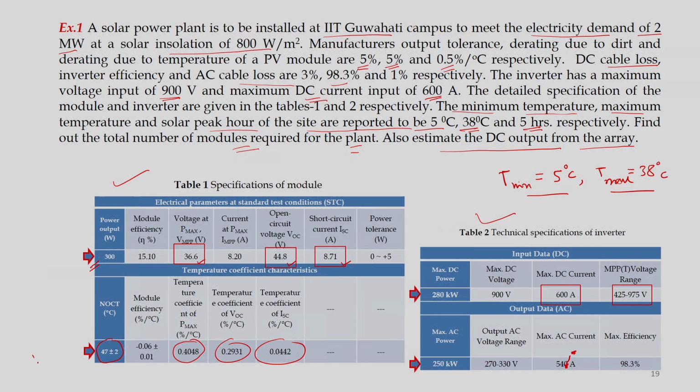So, in our case NOCT we will use 47 degrees Celsius. And in the inverter, as I said, the maximum DC power input to the inverter is 280 kilowatt, and the output is 250 kilowatt, and we will have DC maximum current of 600 and MPPT voltage range of 427 to 975 volt. This information is required for solving this problem.